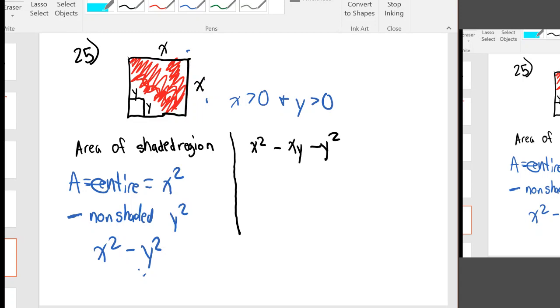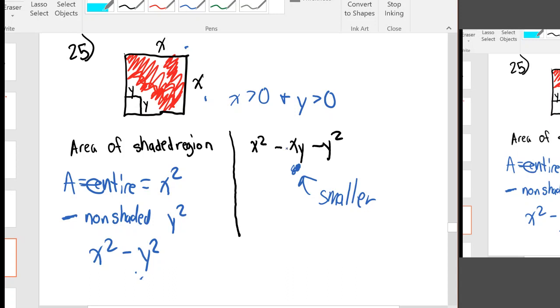So I can assume, since every number is positive, that I'm taking more things out on this one. So I have x squared minus y squared versus x squared minus xy minus y squared. This is clearly going to be the smaller one because I'm taking out more, let's just think about it logically.